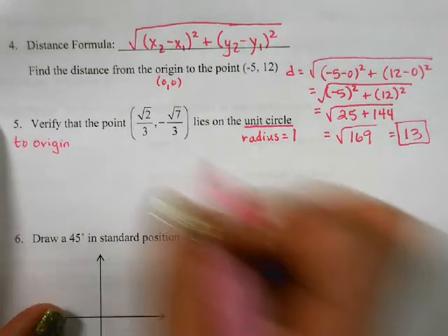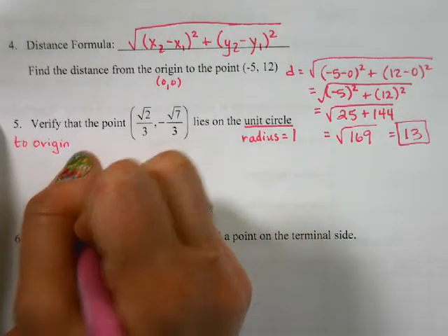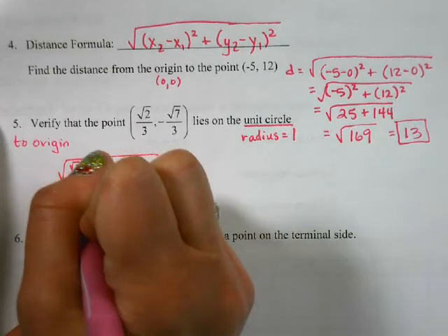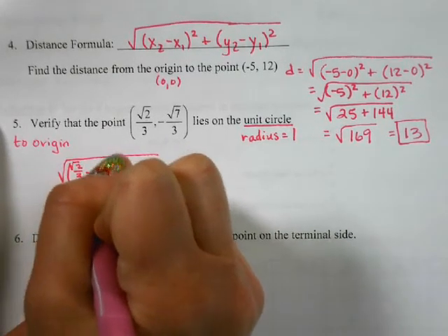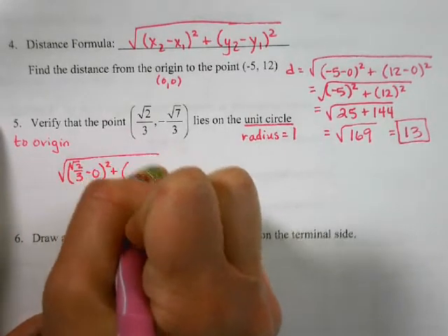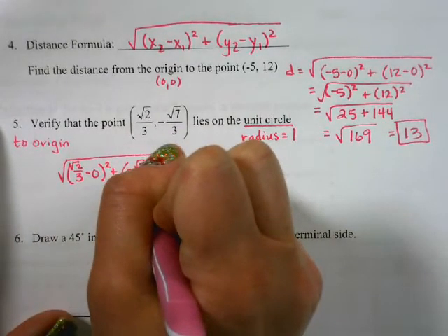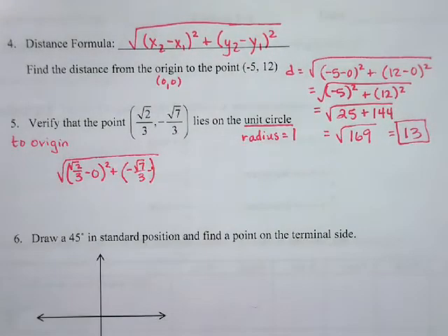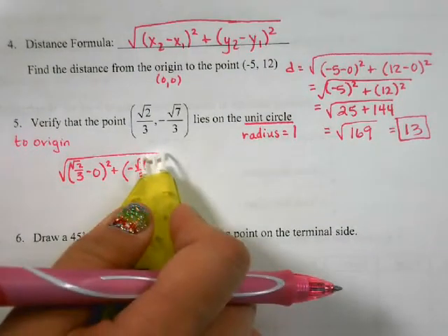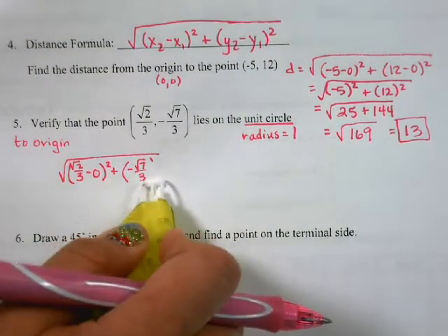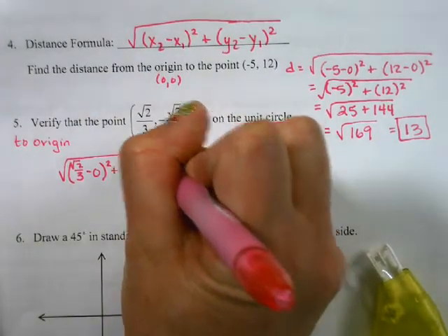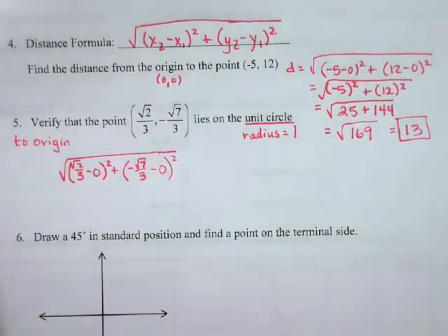Okay, let's try it. Is the square root of root 2 divided by 3 minus 0, squared, plus negative root 7 divided by 3 minus 0, squared, equal to 1?